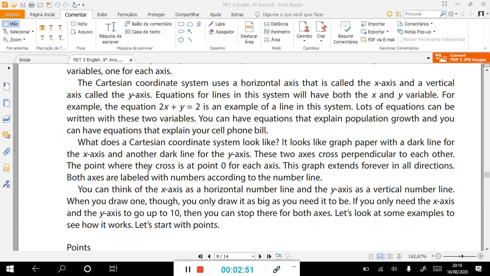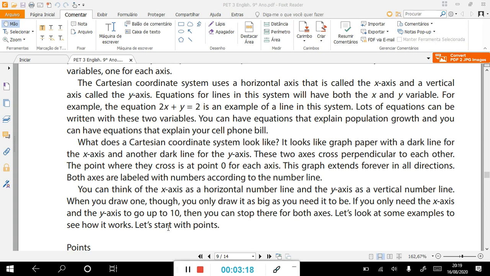The point where they cross is at point 0 for each axis. This graph extends forever in all directions. Both axes are labeled with numbers according to the number line. You can think of the x-axis as a horizontal number line and the y-axis as a vertical number line.